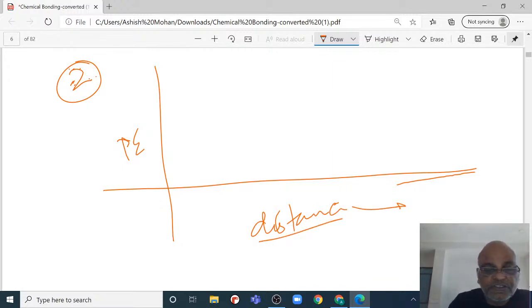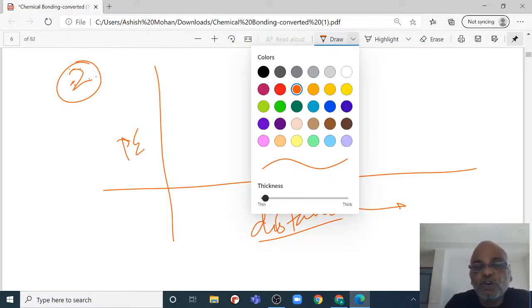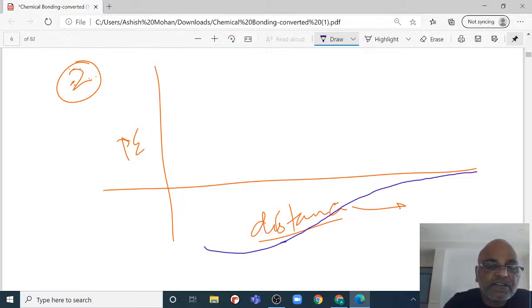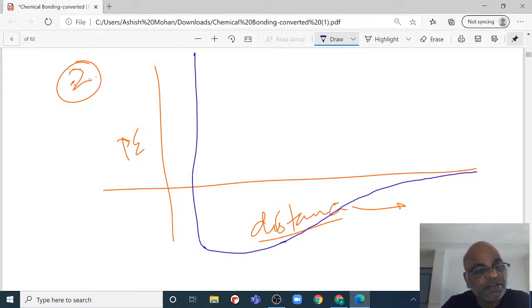Two atoms which are far away from each other, what will happen? There will be no interaction between these two atoms. As they come closer to each other, the potential energy of the curve is declining. And after a certain distance, a sudden uprise in potential energy takes place.